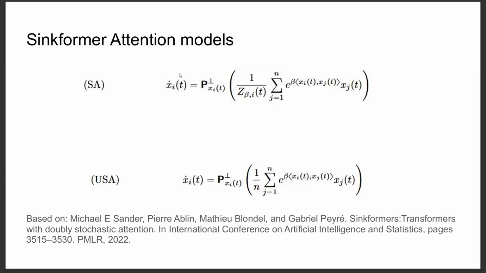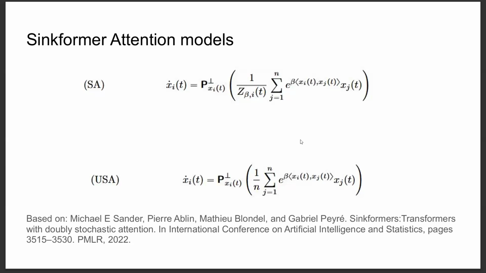They consider two different dynamics, which numerically look very similar to each other. Here we have division by this partition function Z, and here just division by n, the length of your data. So this is basically taking beta to 0, right? Then your partition function becomes n. Yes.